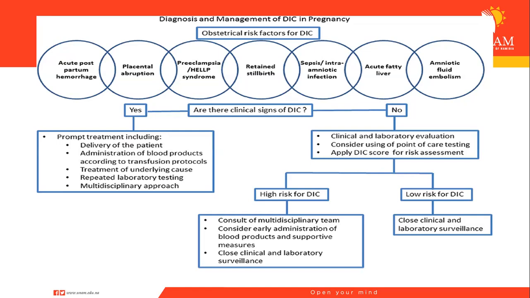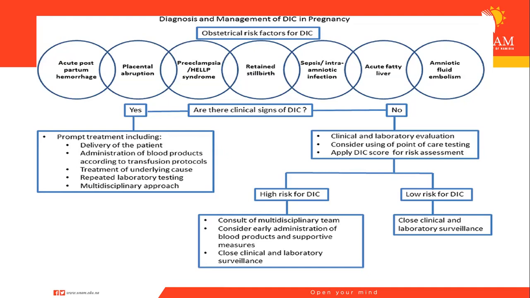Is there history or presence of abruptio placentae? Does this patient have preeclampsia or HELLP syndrome? Is there retained products or retained stillbirth? Is there sepsis or intraamniotic infection? Is there acute fatty liver? Or is there amniotic fluid embolism?